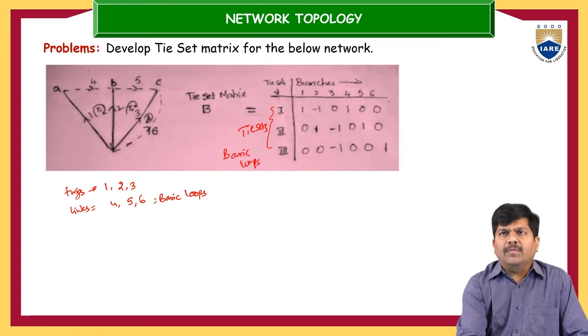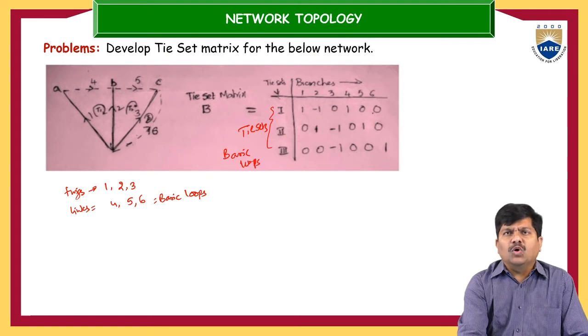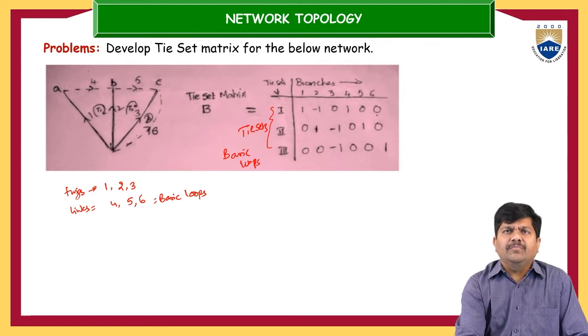Now in the table, how many branches, meaning elements? There are 3 twigs and 3 links, so elements 1, 2, 3, 4, 5, 6. Then loop number 1, or tieset 1, versus element number 1. This is tieset 1, and this is element number 1. They are in the same direction, so we get +1.